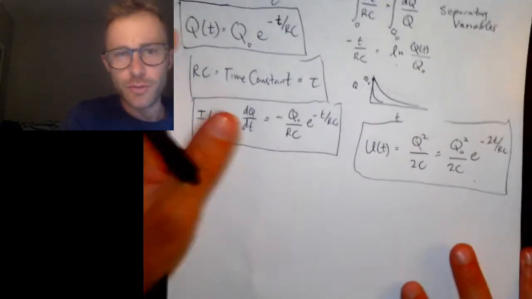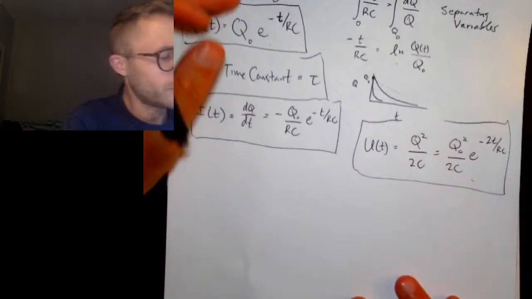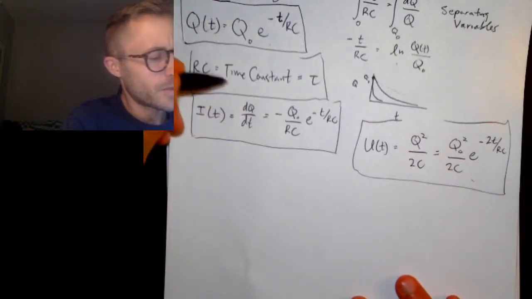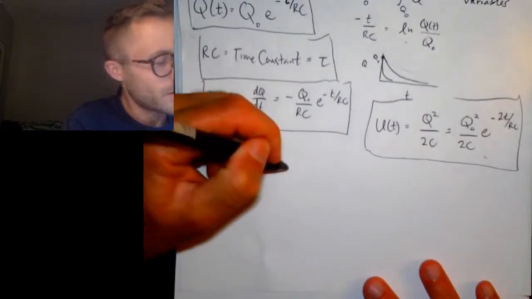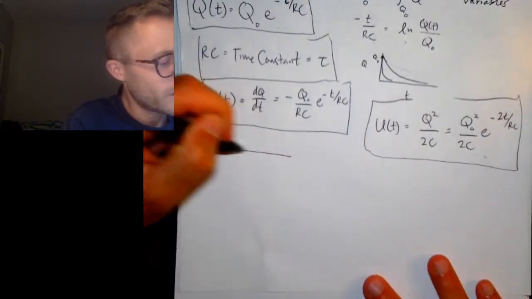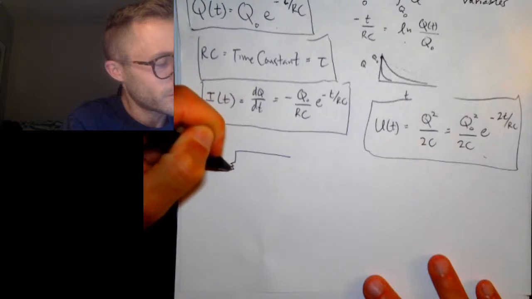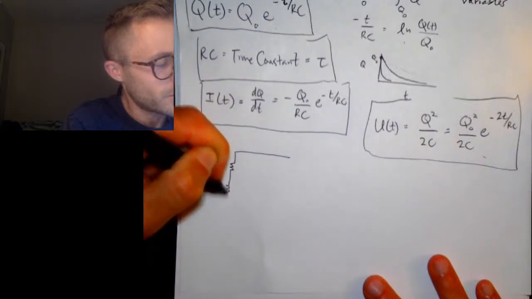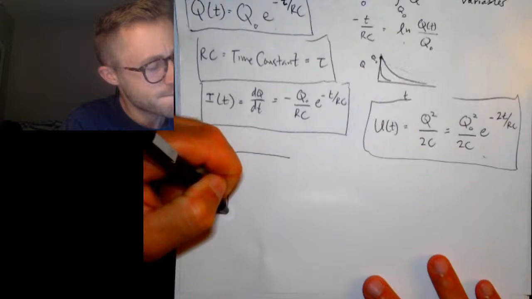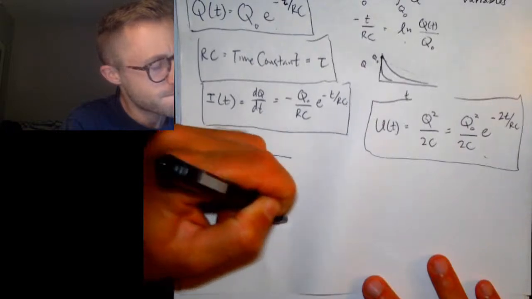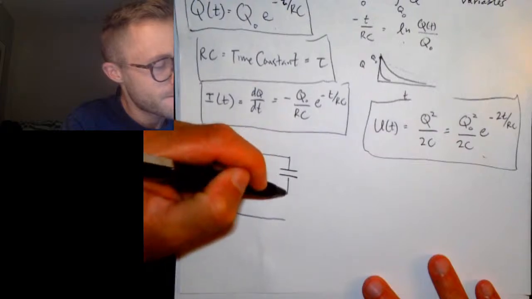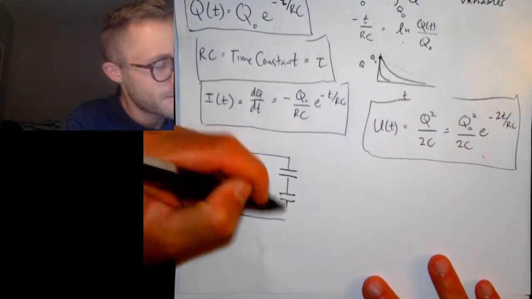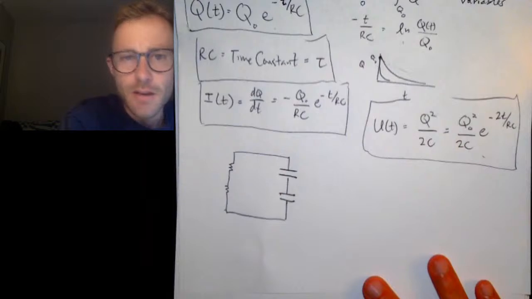Now we can have circuits like, for example, this. Like what if I had a circuit that looked like this? Okay.